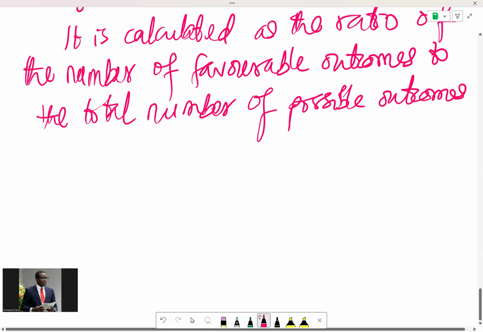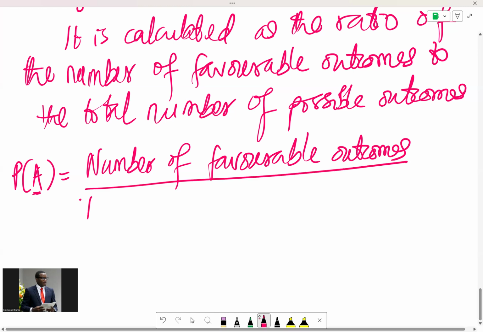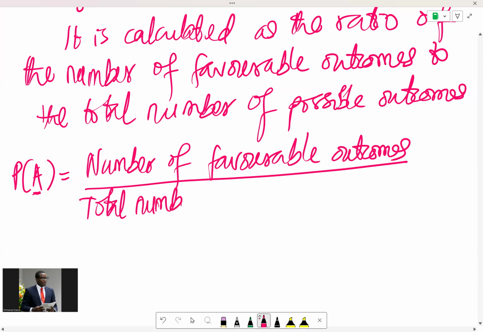For instance, the probability of a particular event is the number of favorable outcomes divided by, so it's a ratio, the total number of possible outcomes.